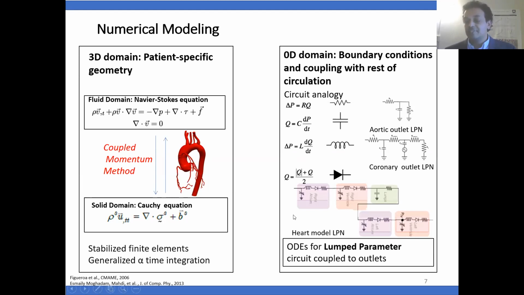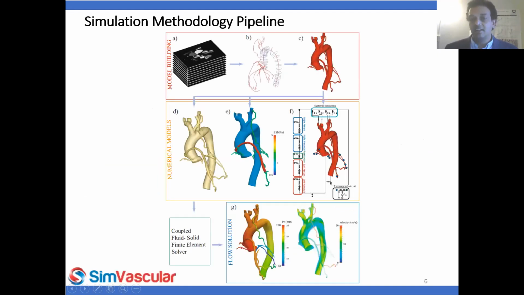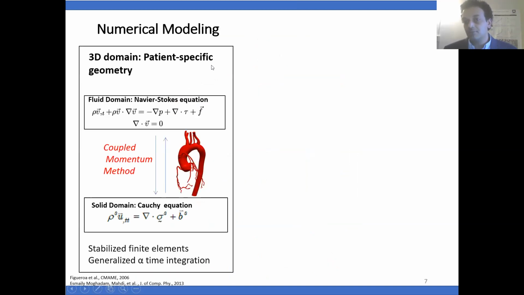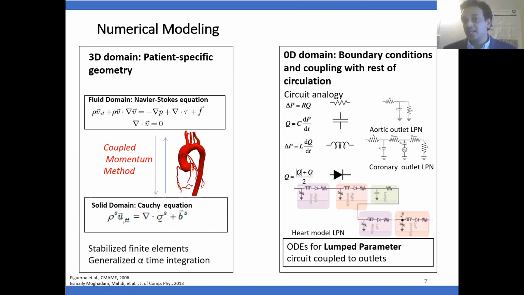So in order to capture that intelligence, obviously we construct everything we can see on these images, but there are parts of the circulation that are not visible on these images, for which we have to use some models. So we use this electrical analogy, where a resistor corresponds to viscous damping, capacitance corresponds to compliance, inductance to inertia, and a valve corresponds to a diode.